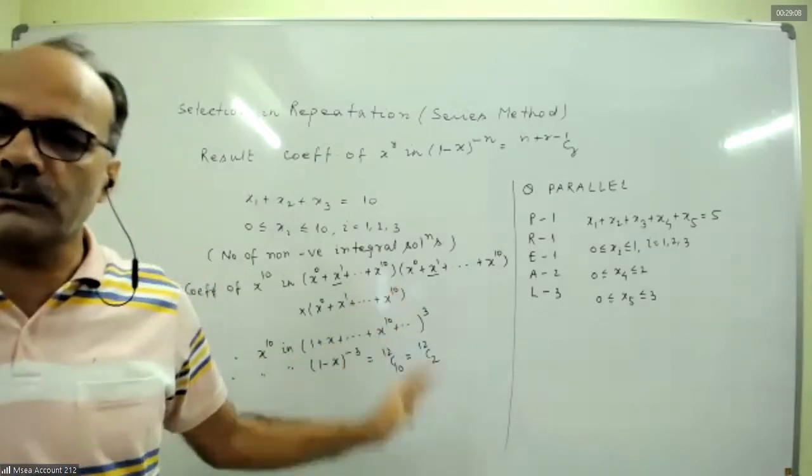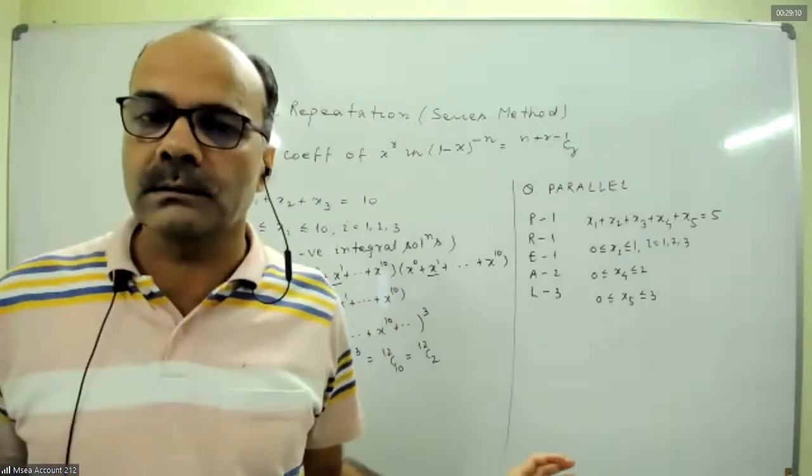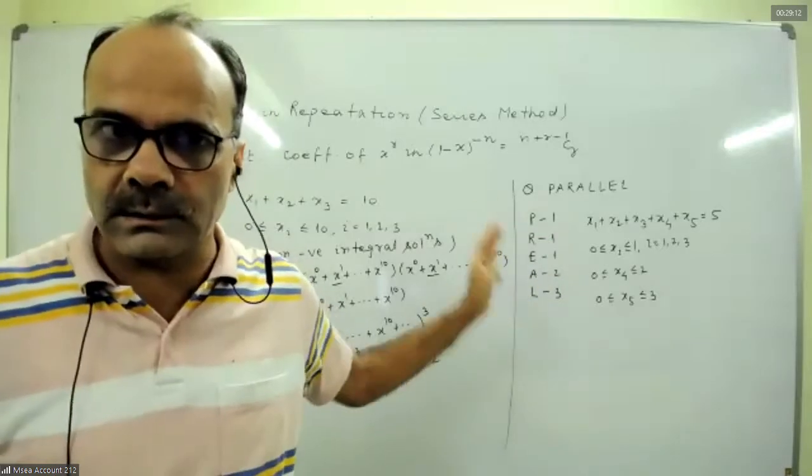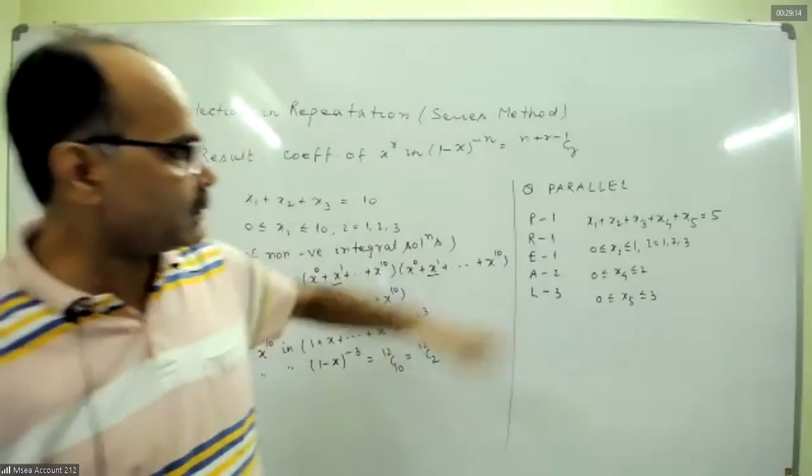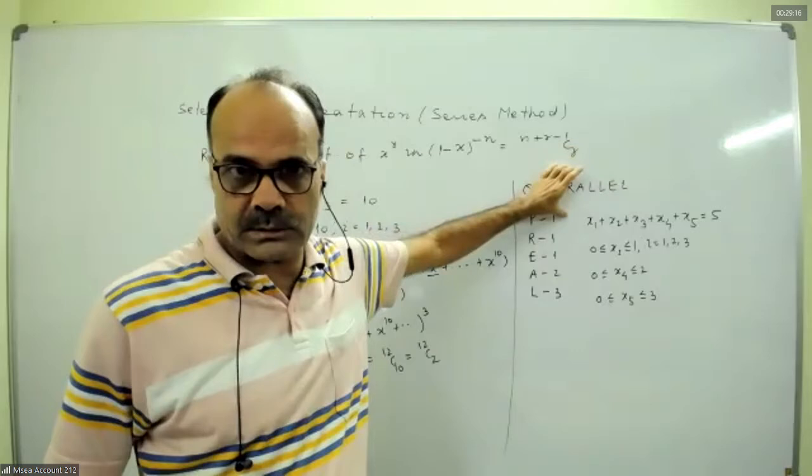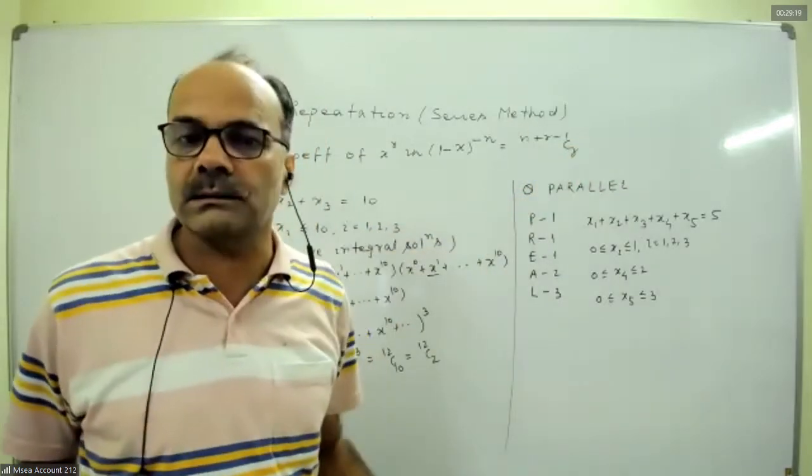I have taken the same question just to visualize where we can apply this series method. But particularly for this type of question, the method we have discussed is better.